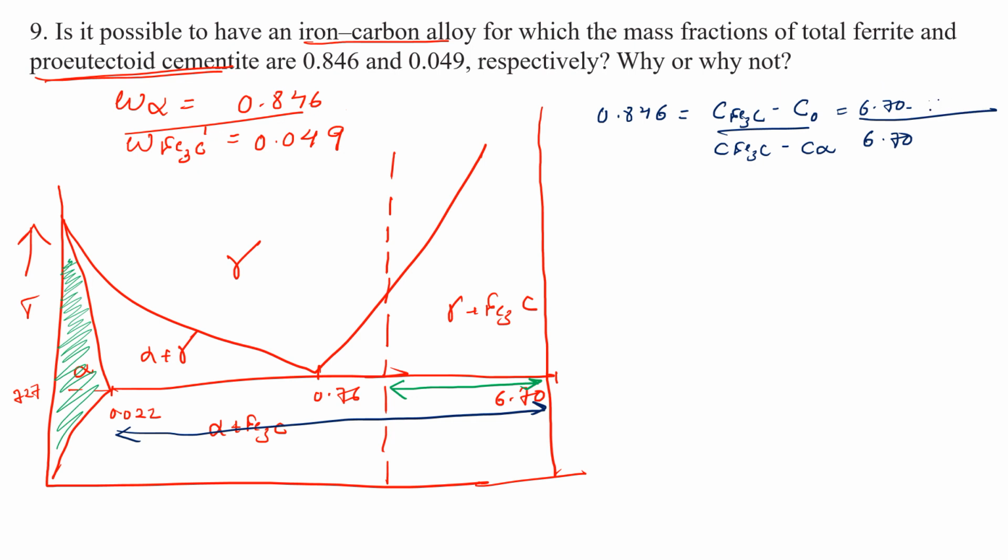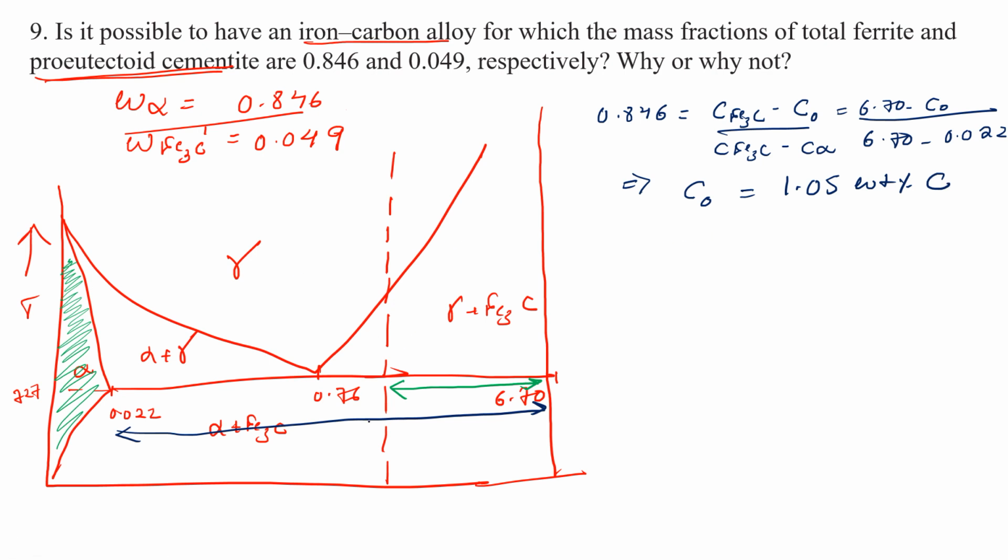So if we just plug in the values, 0.846 was the LHS, and this should give me C0 as 1.05 weight percent of carbon.